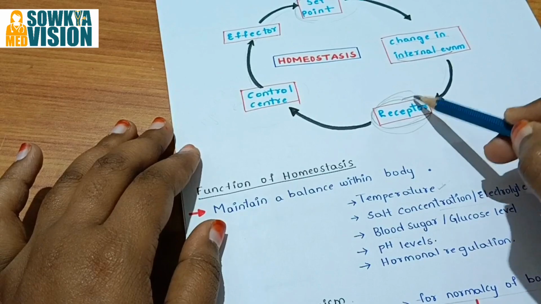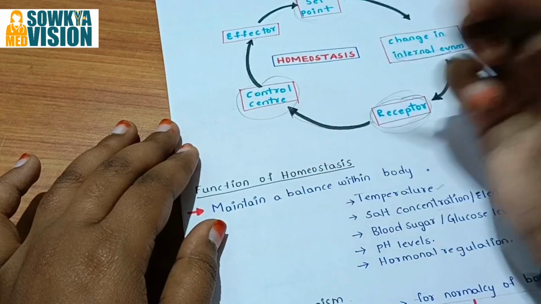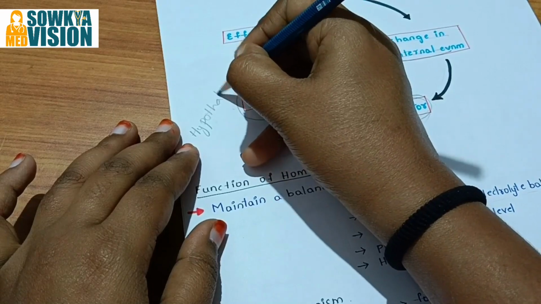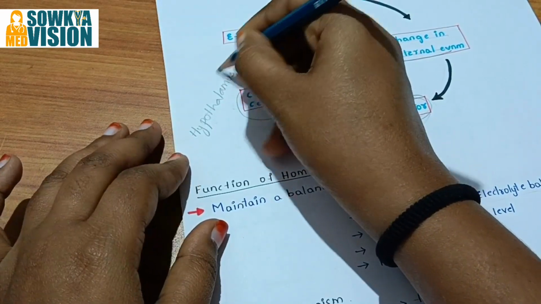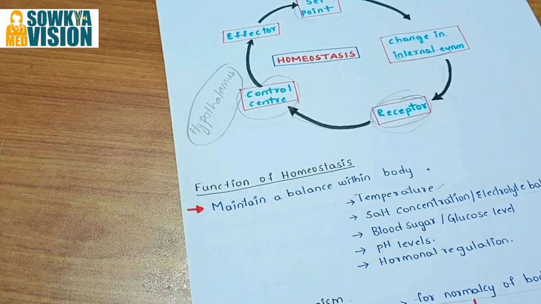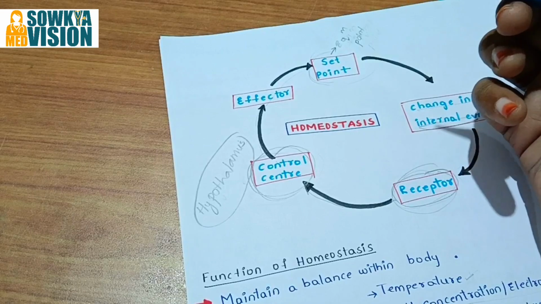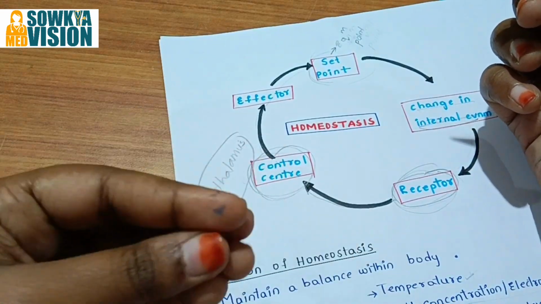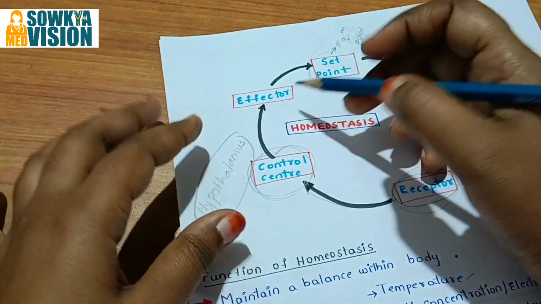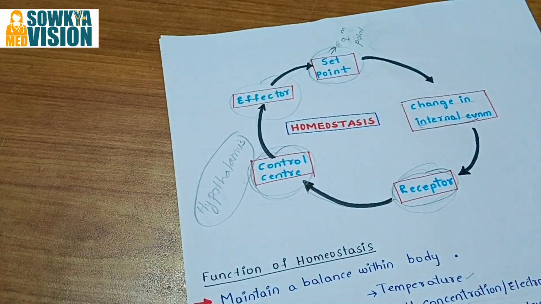These receptors send the information to the control center. The control center is the hypothalamus. The control center receives the impulse from the receptors and acts accordingly, sending the information to the effector organ to bring back the set point, the equilibrium point.